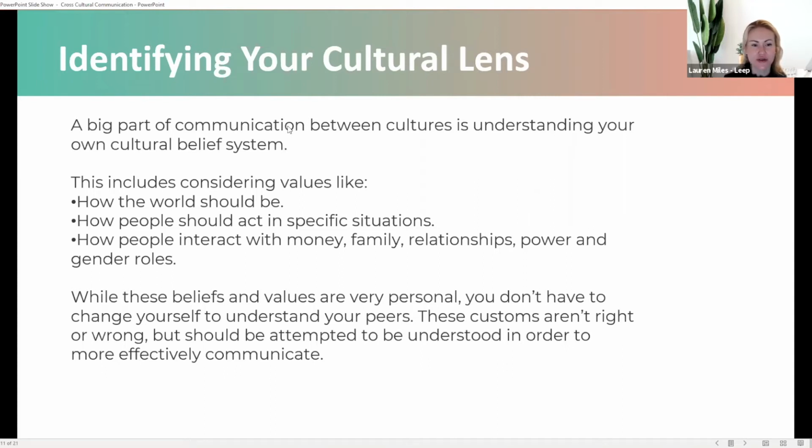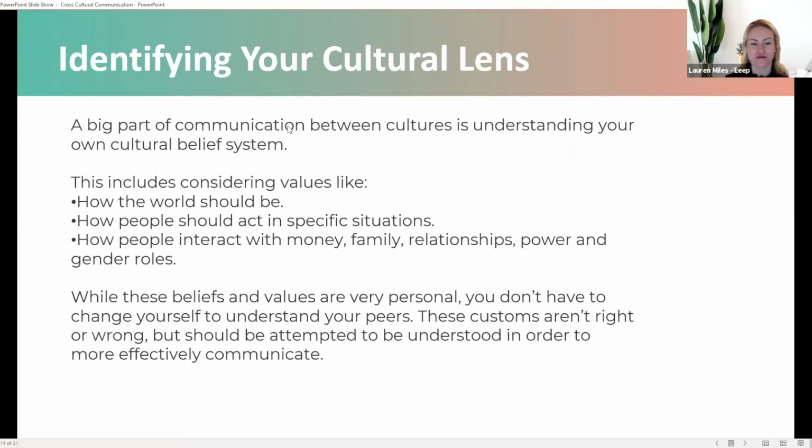So this includes values like how you think the world should be, how people should act, talking about interacting with money, family, relationships, power, and gender roles. These are really important things to be aware of about yourself when you're communicating with other people from other cultures and people in general.